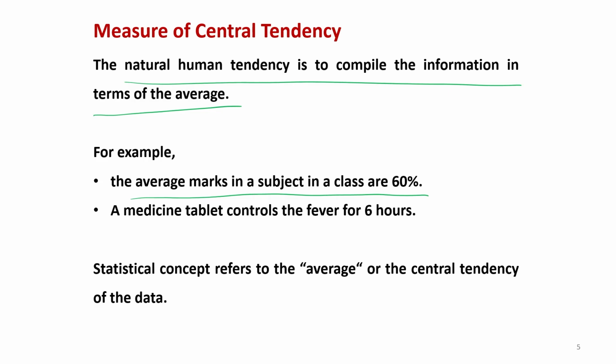And sometimes you see that the doctor says, okay, take this medicine after every 6 hours. Why? Because the medicine tablet can control the fever for about 6 hours. But do you really think it is going to be really 6 hours, or how has this value of 6 hours arrived? This experiment was conducted on a couple of patients.